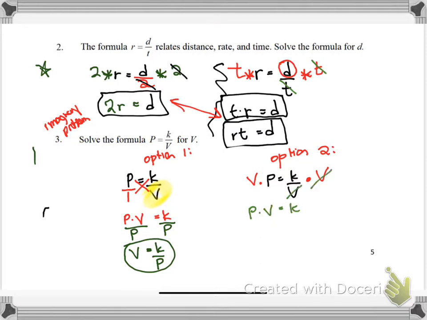If we're going to isolate it, if we're going to get V equals something, then V needs to be in the numerator. Okay, so I could do that. I could have P times V is equal to K, and then again, going back to actually isolating V, I would have to divide both sides by P, and I would still have V is equal to K over P. Okay?